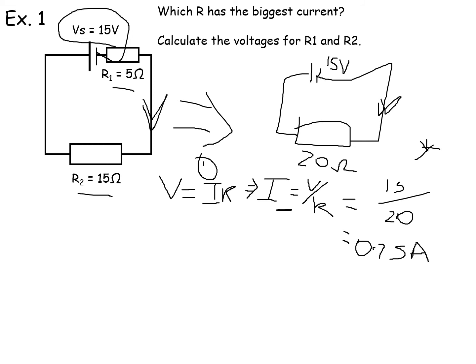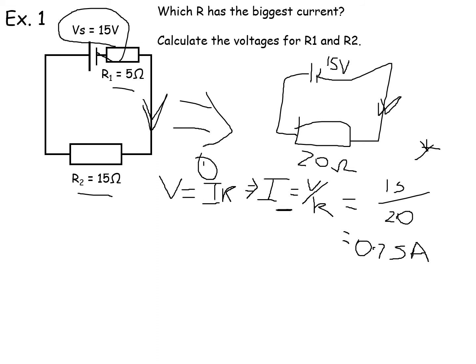Now, if we think about it, this is a series circuit. We know it's 0.75 amps. So what's the current through this circuit here at any point? It must be 0.75 amps. What's the current through R1? 0.75 amps. What's the current through R2? 0.75 amps.